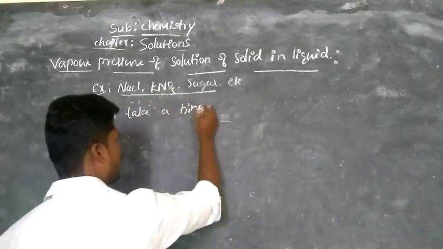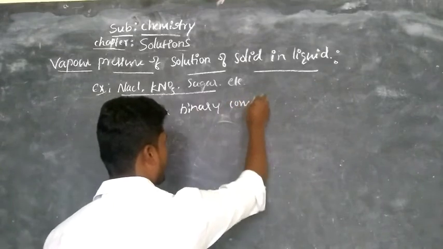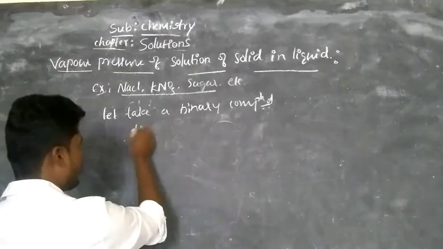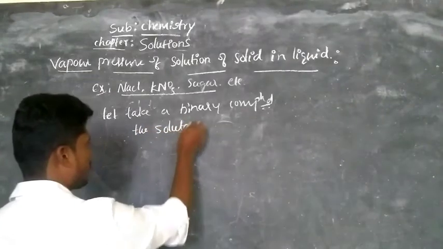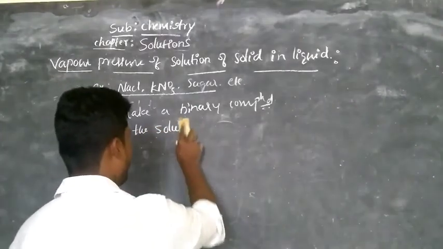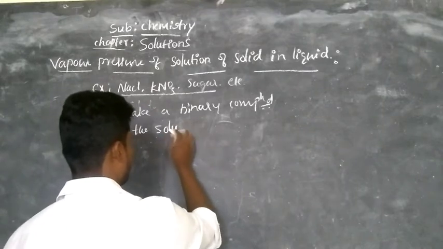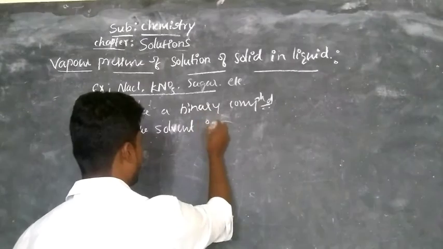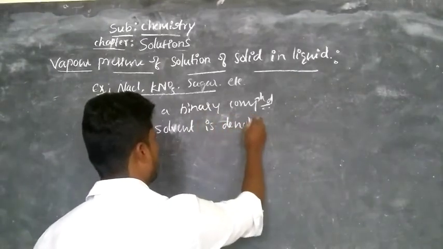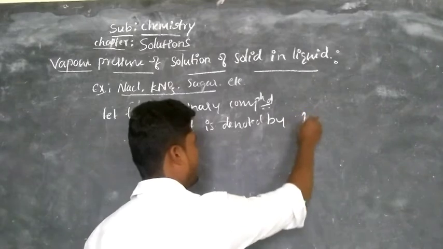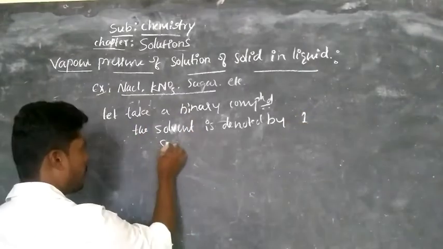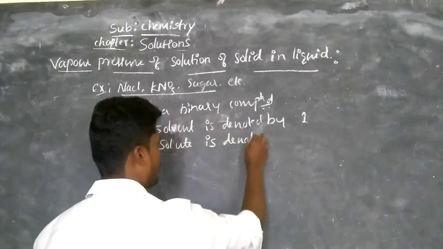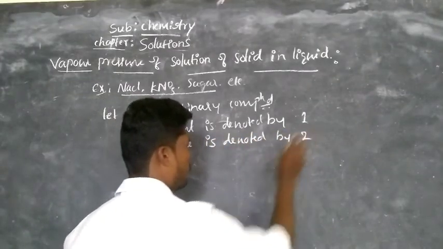In this binary compound, the solvent is denoted by 1 and the solute is denoted by 2.